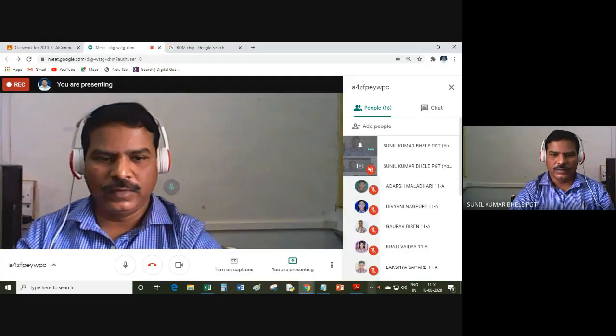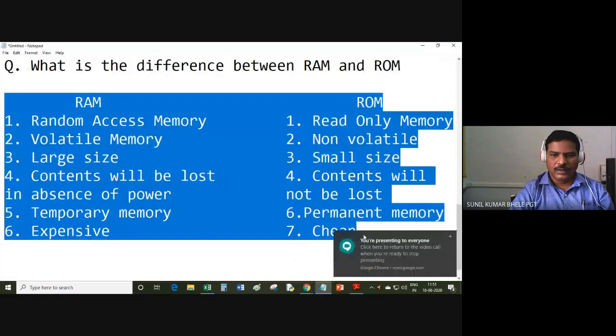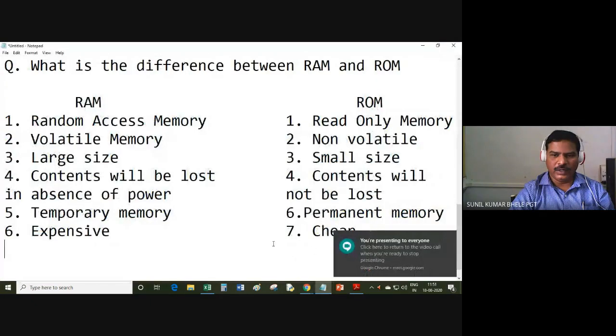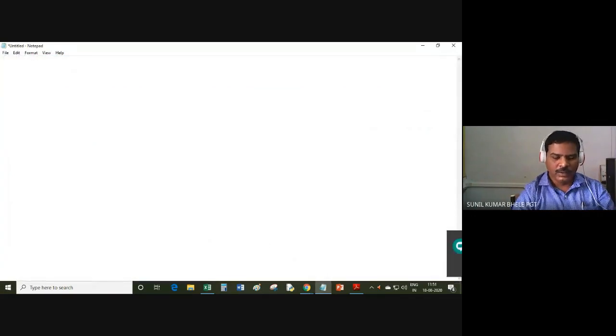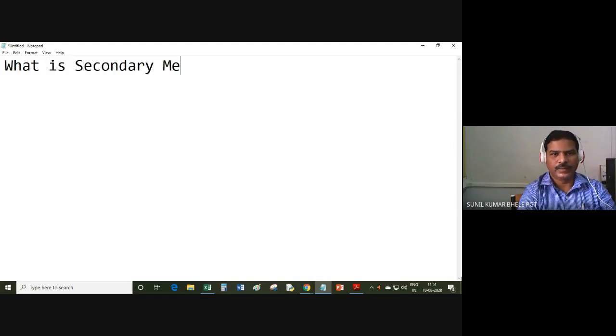Now let's go ahead and see some more. I'm erasing the contents. Now write down the next topic. What is secondary memory? So you know that secondary memory is used to store the data permanently.